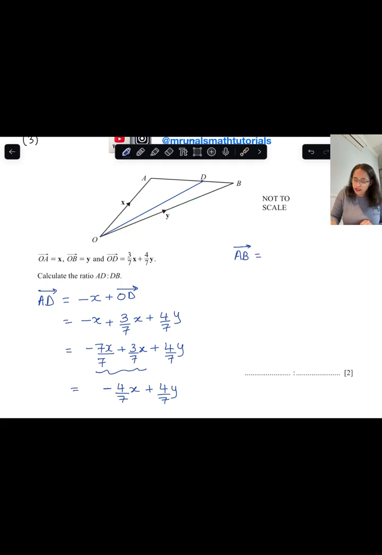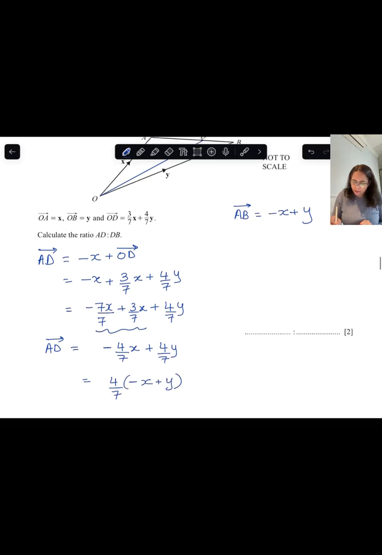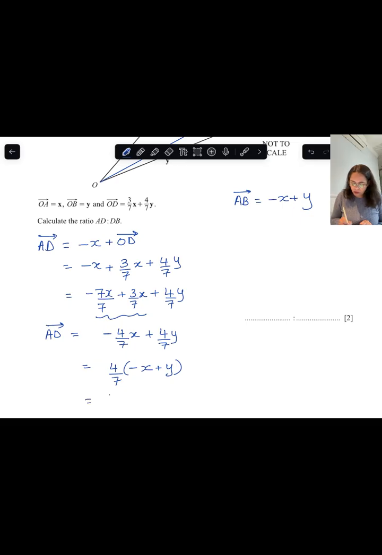Straightforward, minus x plus y. Now let us compare the relationship between AD and AB. Here, if I take a common factor of 4 over 7, I am left with minus x plus y, which is nothing but 4 over 7 of AB.